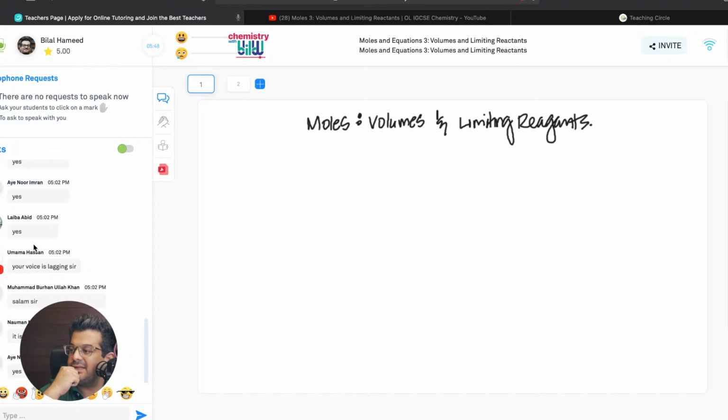One of them being volumes of gases, and the other being limiting reactants. Sometimes when they give us two things, we have to figure out which one reacts.